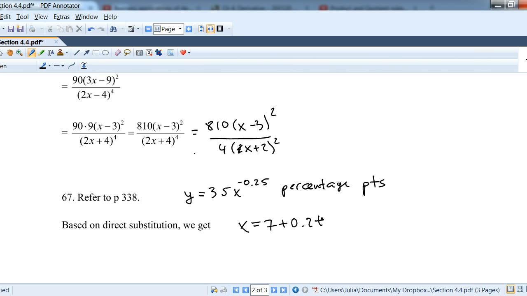An individual finds that she's spending x equals 7 plus 0.2t percent of her personal consumption on education, where t is the time in months since January 1st. So t is a number of months since January 1st.